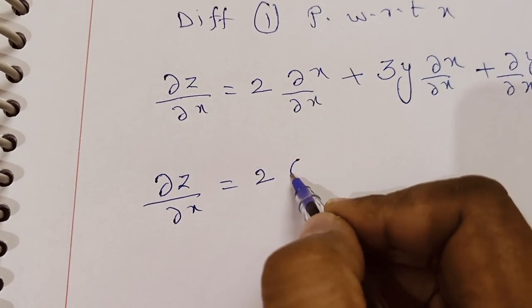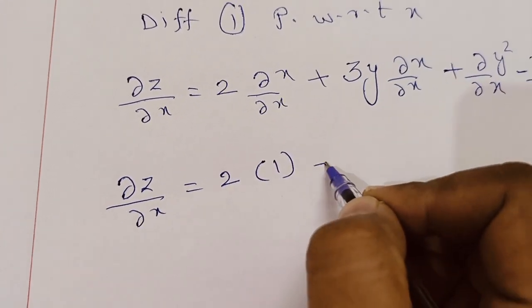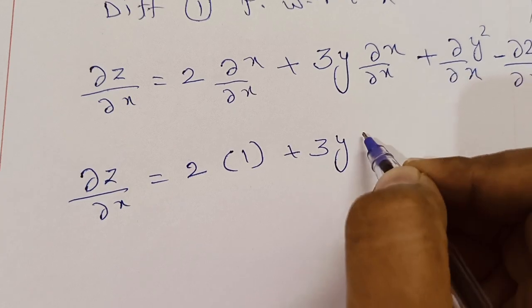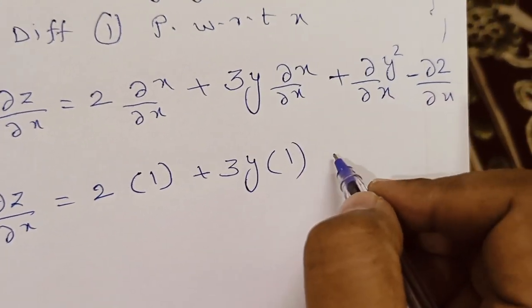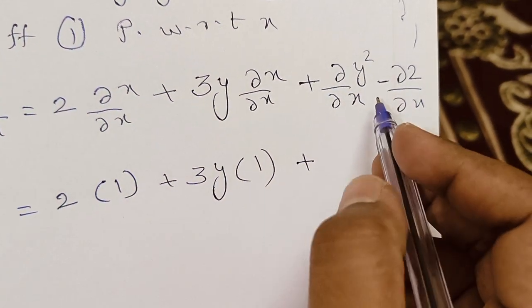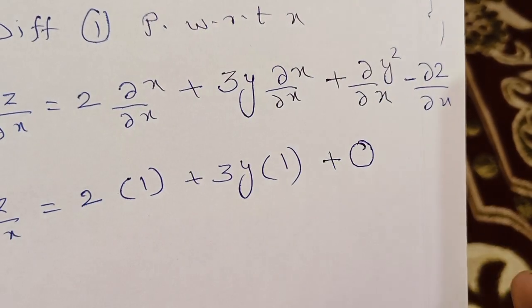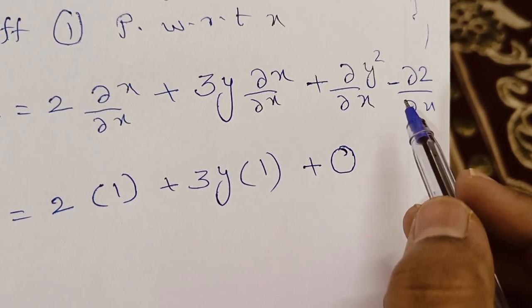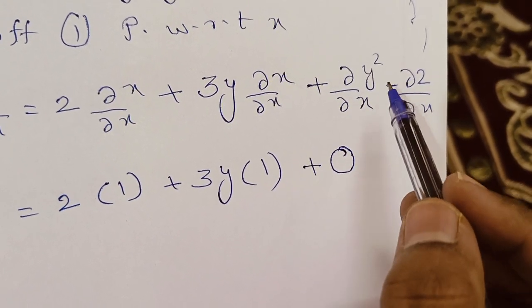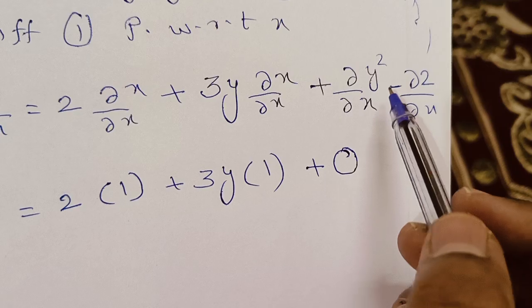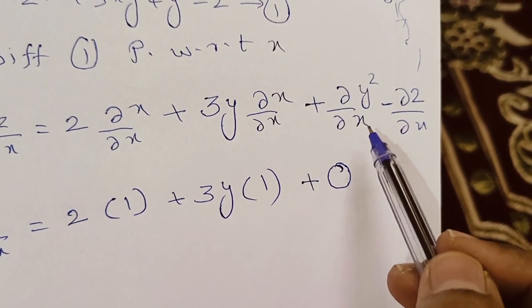So we get dou z by dou x is equal to 2. Derivative of x with respect to x is 1 plus 3y into, here also it is 1, and the derivative of y square with respect to x. In partial differentiation it is 0. In ordinary differentiation we write 2y into dy by dx. But here this is our partial differentiation.